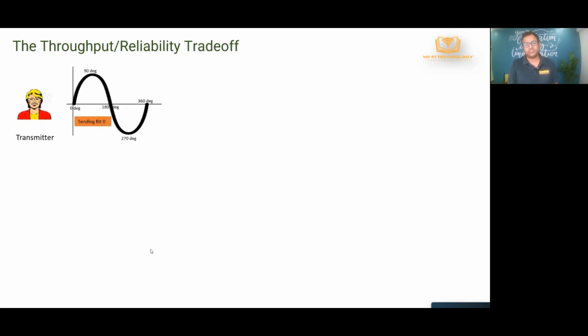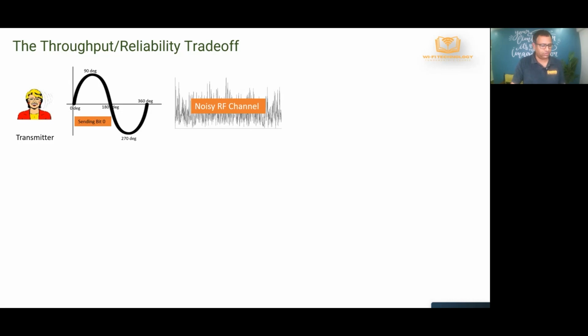So just to take a simple example, let us say you are transmitting using BPSK. So that means that each symbol or each wave can carry only 1 bit, right? So let's say you're sending 0, and this is the waveform you're sending, right? At 0 degrees phase, the transmitter is sending this information. But that information is actually going through what we call a noisy channel.